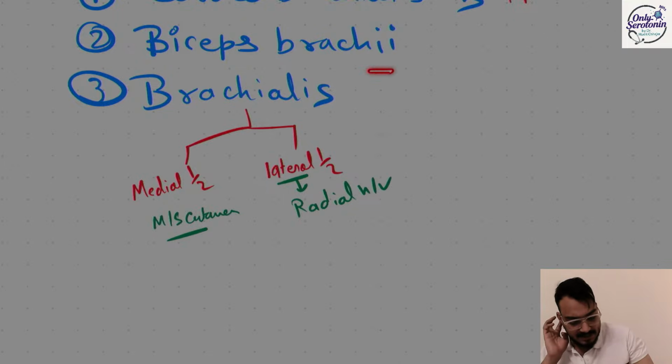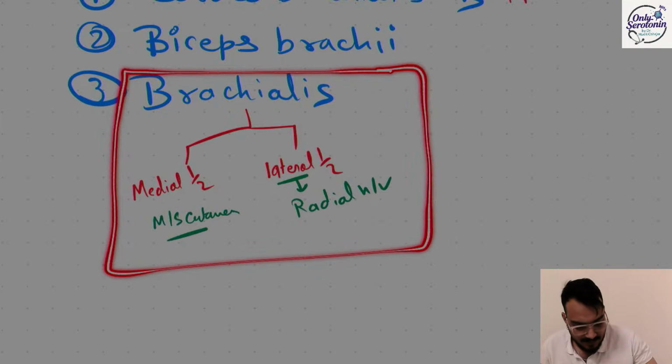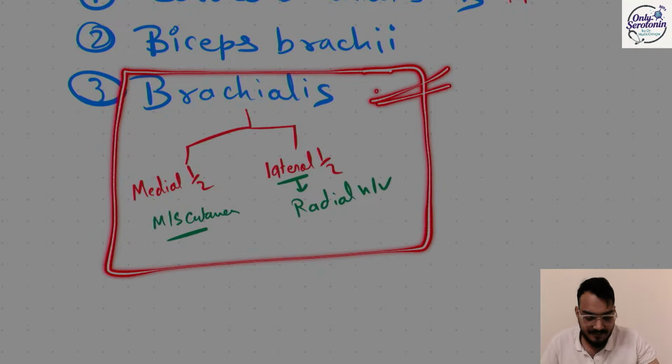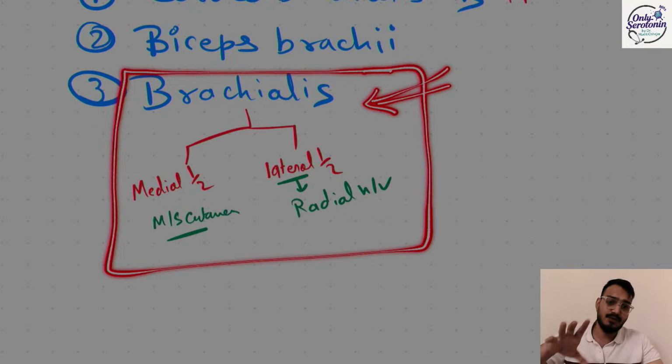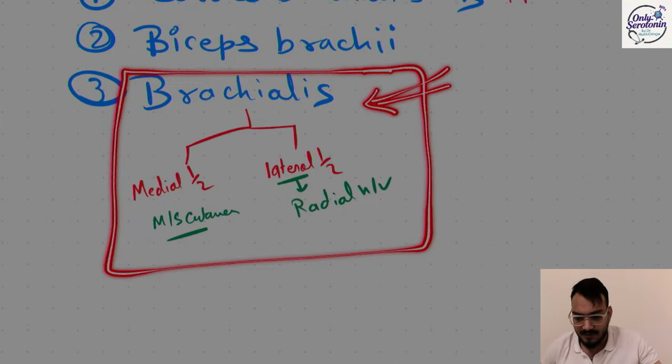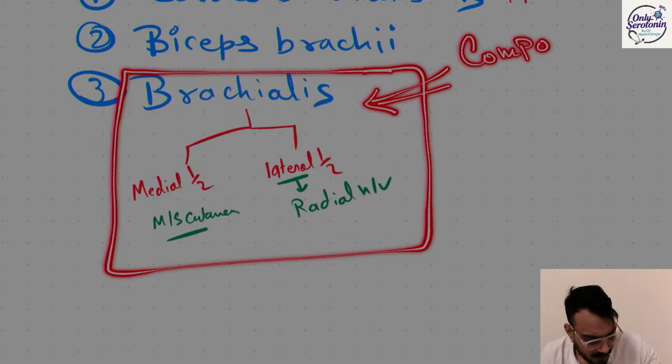Guys, muscles which are supplied by two or more nerves are known as what? Composite muscles. Very good.